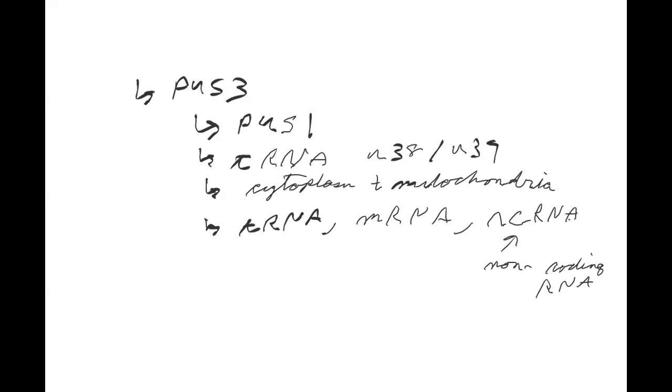All right, now next is TRUB. Now, TRUB is dealing with the PUS4, and this is in the nucleus and mitochondria.